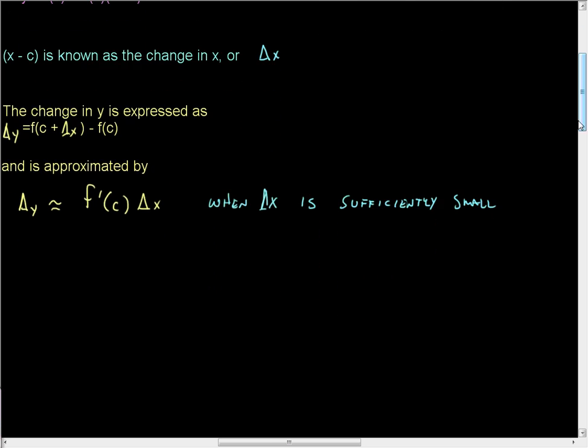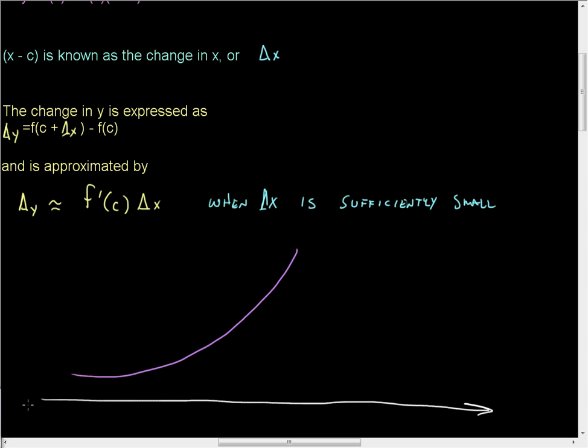Now, as we go through this, let me just try to draw an example here. Okay, let's get an x-axis in here somewhere. Now, this isn't necessarily any particular function, but this is just for illustration. So if we have some value here where we have the tangent function, this is at c, and we move a little bit over here.